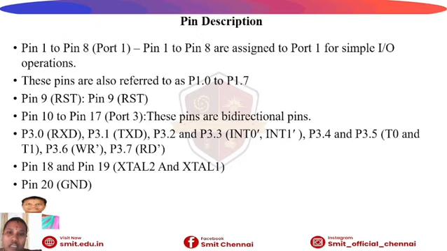Interrupts are of two types, as we already know: interrupt 0 and interrupt 1. Interrupt 0 is an 8-bit register and interrupt 1 is an 8-bit register, totally 16-bit data. And then P3.4 and P3.5 are timer 0 and timer 1.